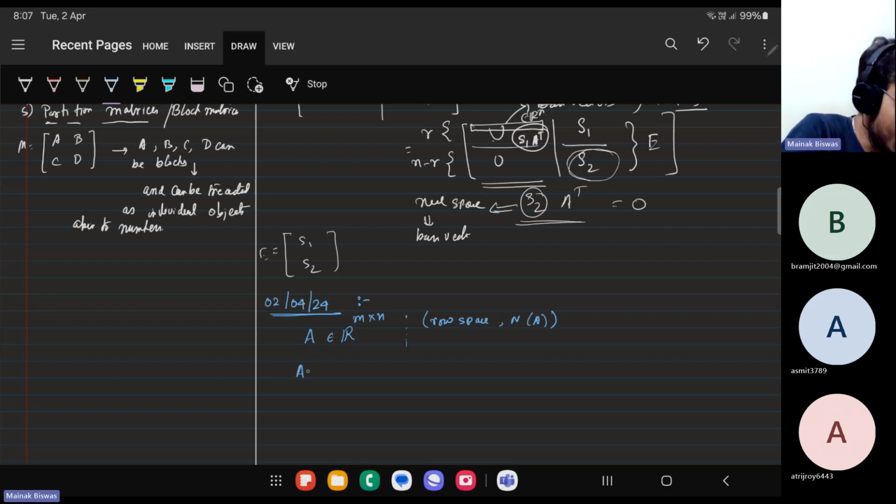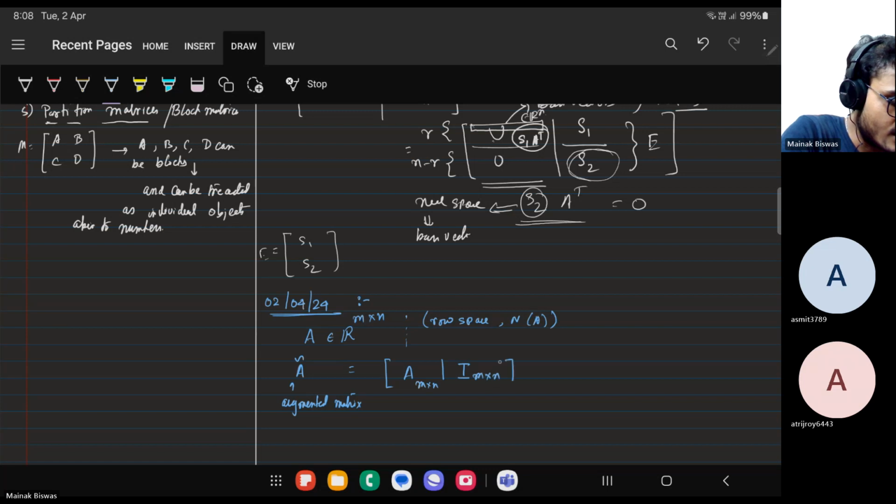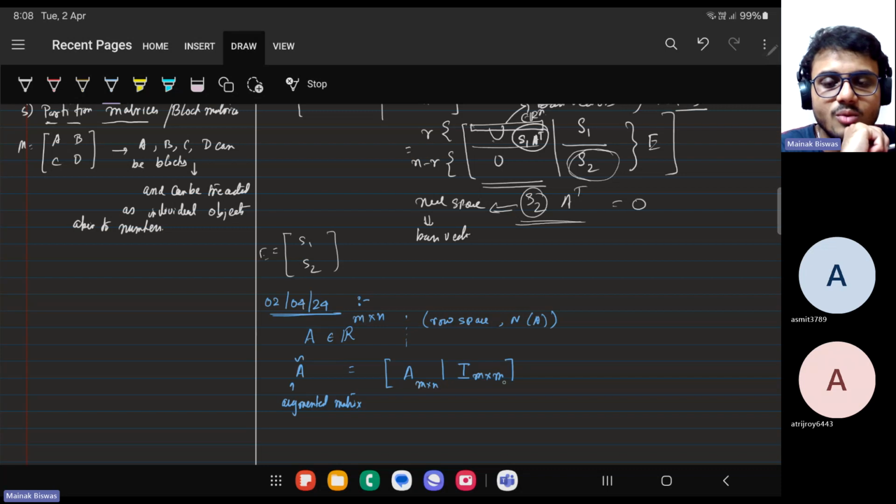So I will be using an A tilde, that is an augmented matrix, which will be A, which is an m cross n matrix, and I'll also use an identity matrix, m cross m. Okay, but I have augmented the A matrix with an identity matrix. But how does that help me is the question.